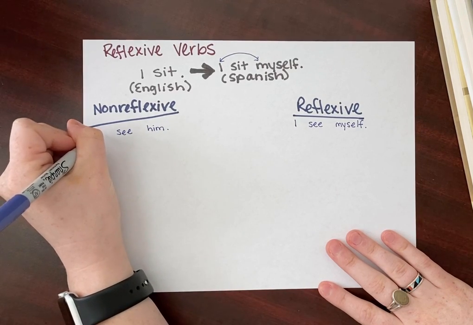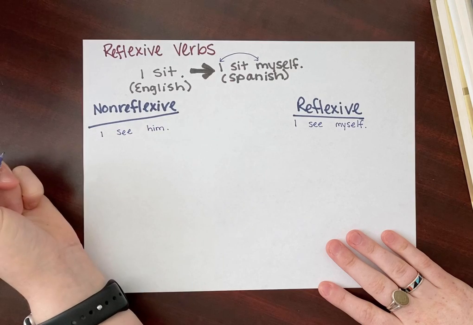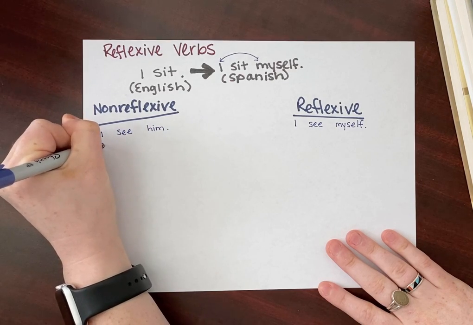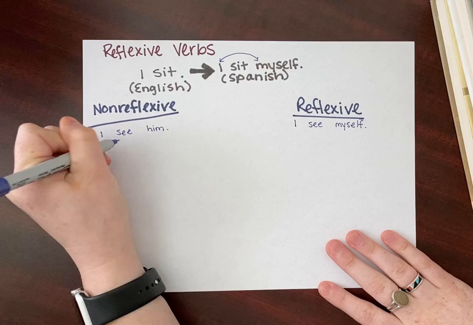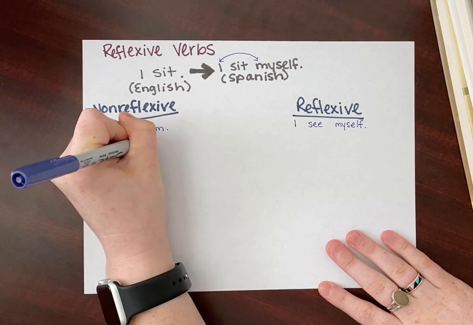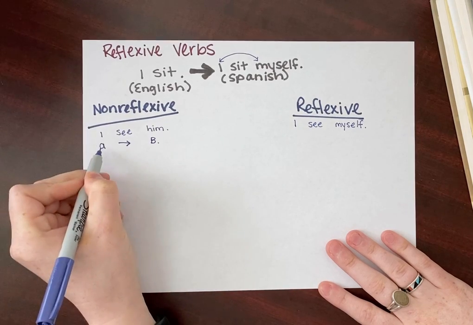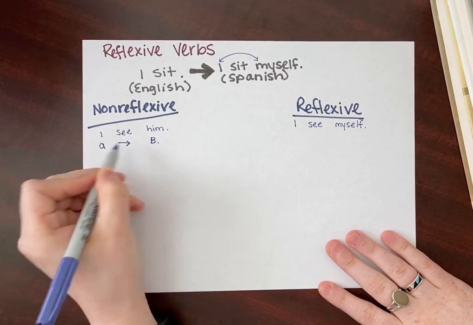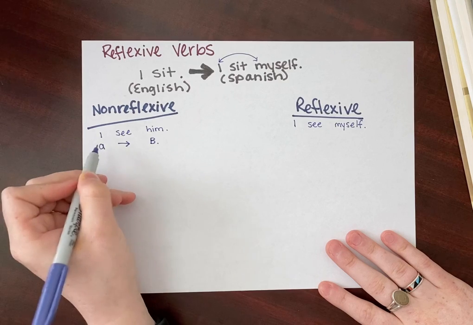So if we look at, for non-reflexive, we look at I, the subject. If we were to label it as an A, see him. So A and B are different. They are not the same.